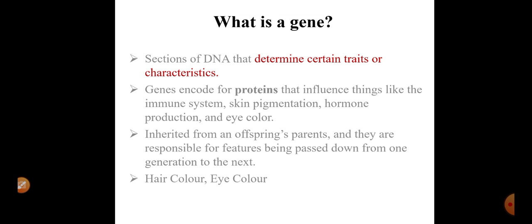And this gene encodes the protein that influences things like immunity system, skin pigmentation, hormone production, eye color, hair color, height, and these characters are inherited from parents to offspring. That's why they are passed down from one generation to the next. Examples like hair color and eye color are taken into consideration.